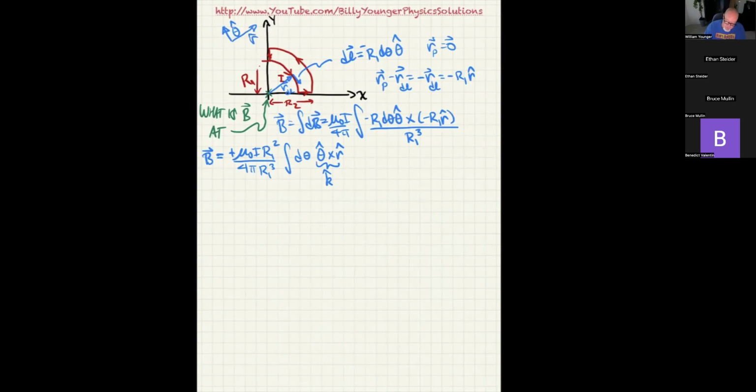Now if I say theta hat cross R hat, I get one that goes into the board. Because I forgot that theta hat was the other direction, that's actually supposed to be a negative k hat, not a positive k hat. K hat points out of the board, out of the page anyways.